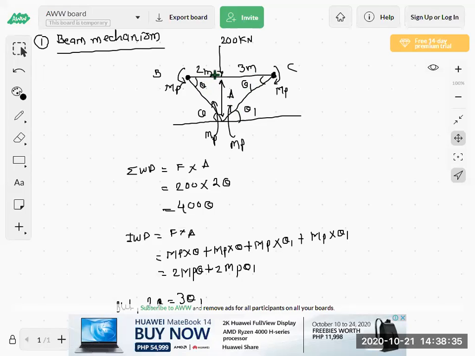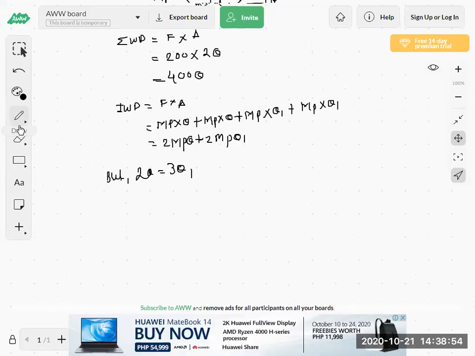For 2-meter distance rotation is theta, and for 3-meter distance rotation is theta 1. But the displacement is same. So 2 theta is equal to 3 theta 1. Okay, and now calculate theta 1. Theta 1 is equal to 2 by 3 theta.